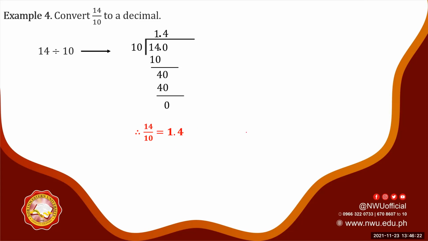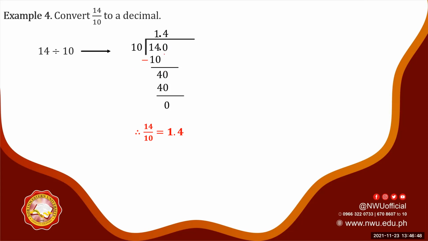So here's another example for you to see that if you would like to convert a fraction to a decimal number, you just need to divide its numerator by its denominator. So that's all. 14 divided by 10 would give you 1. And 1 times 10 is 10. If you subtract, that would give you 4.